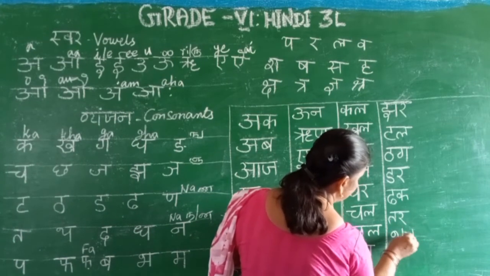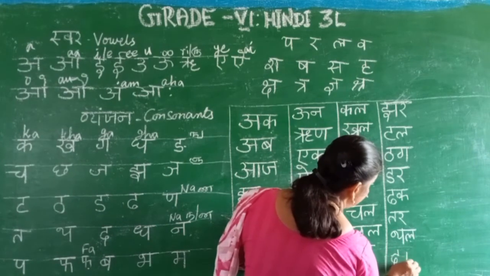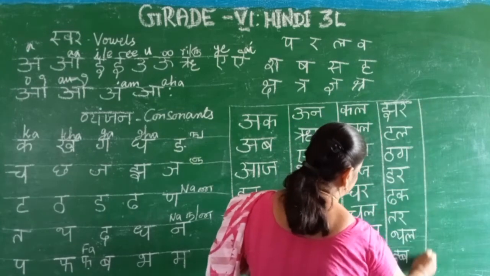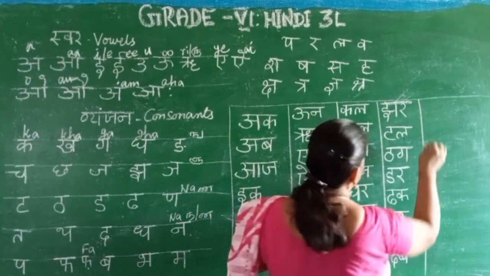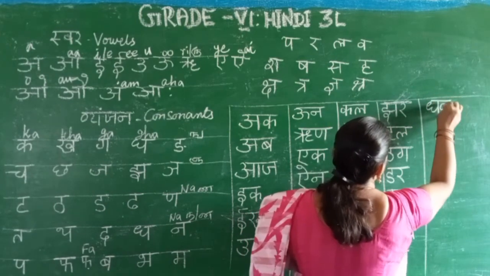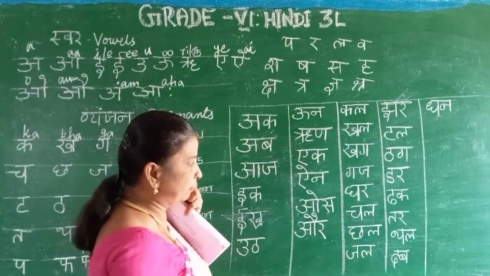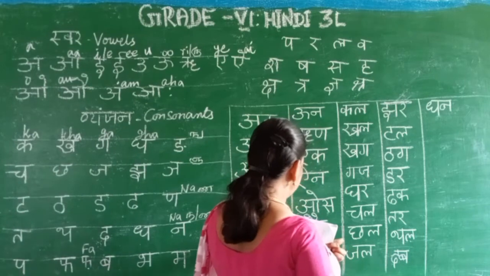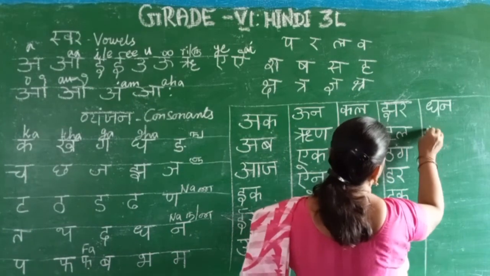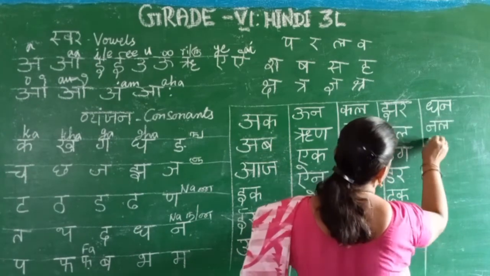Tha, la, thal. Da, ba, dab. And dha, na, dhan. These letters are all for your reading practice, so you listen very carefully and read. Dha, na, dhan. And next one. Na, la, nal.